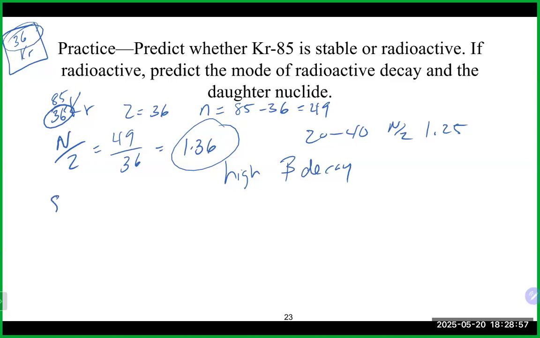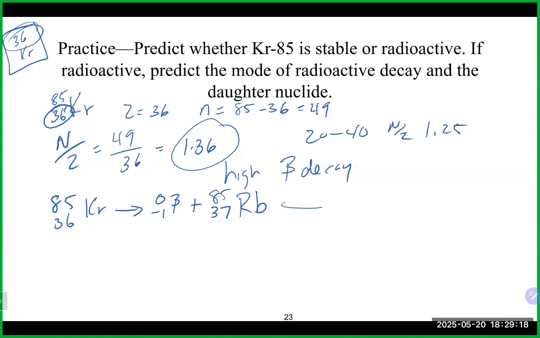So if we were writing that reaction here, we would have our beta particle on the product side. That's 36, and minus 1 means we actually have to go to 37 on the periodic table. 37 on the periodic table, rubidium, Rb, and up on top is going to be an 85 in this case.